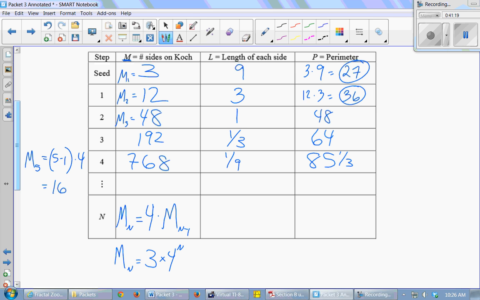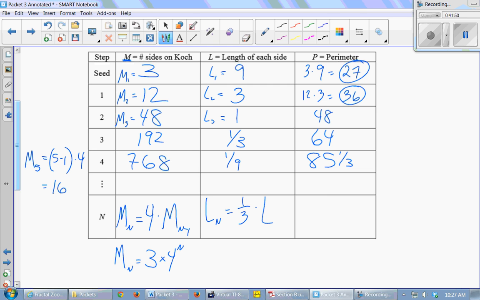All right, so I want to look at the length of each side and write that as a formula. And I named this list L, so this is L1, L2, L3, right? And so L sub n is always equal to a third of the previous number in the list. So 1/3 times, right, because of means times, 1/3 of the previous number in the list.